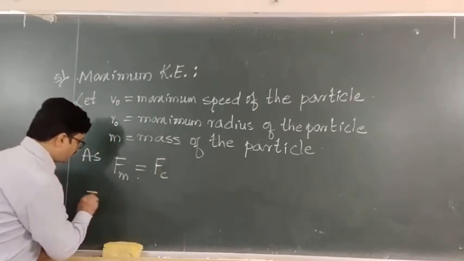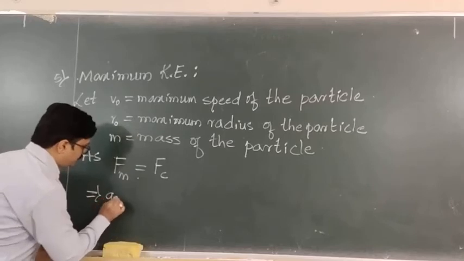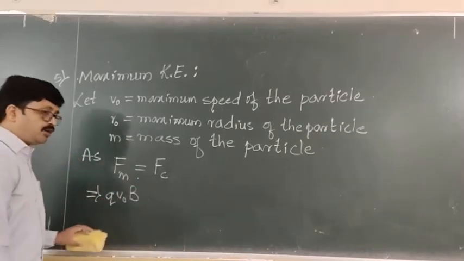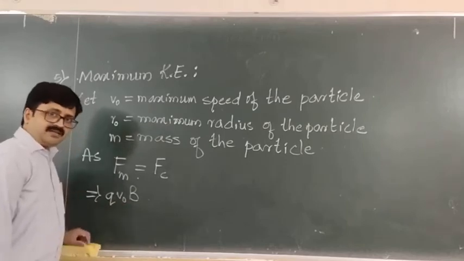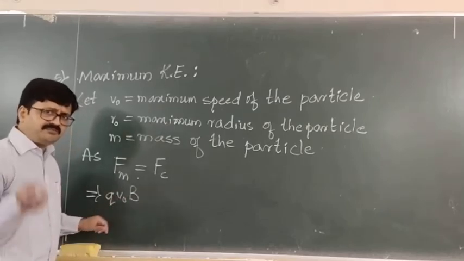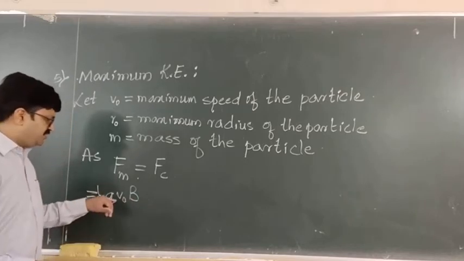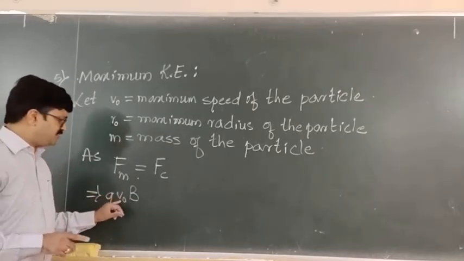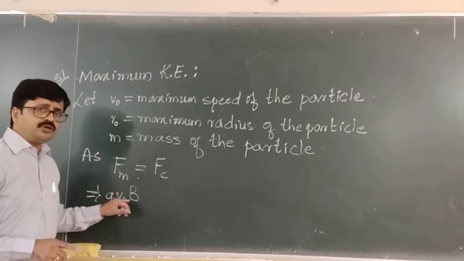Correct? So what is the magnetic force here? q into v0 into B. It is qvB sin theta, and here the angle between v0 and B is 90 degrees, so it becomes q into v0 into B.